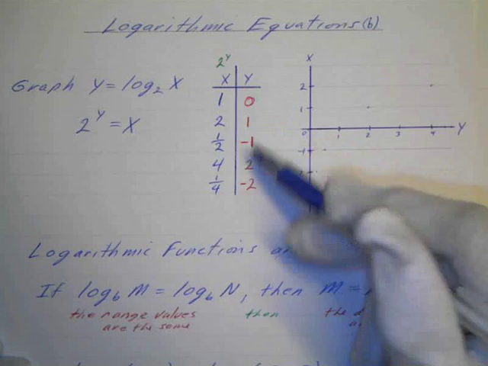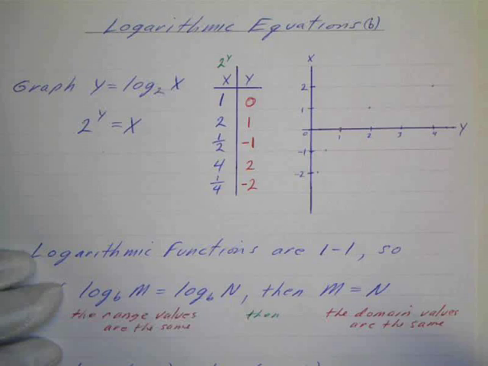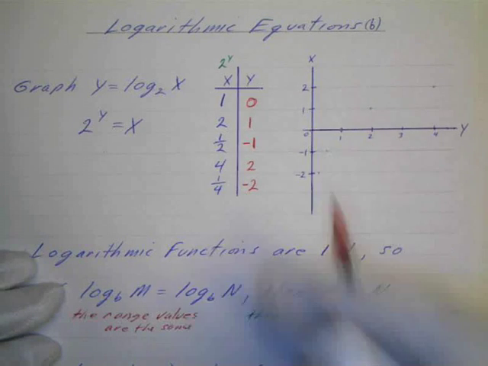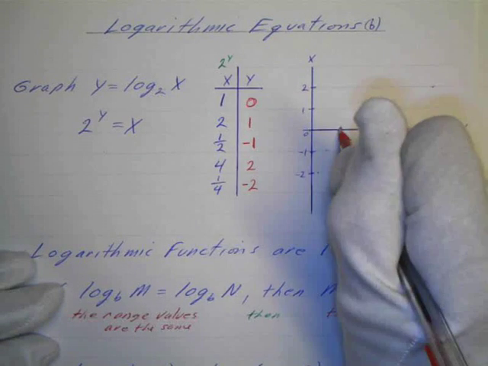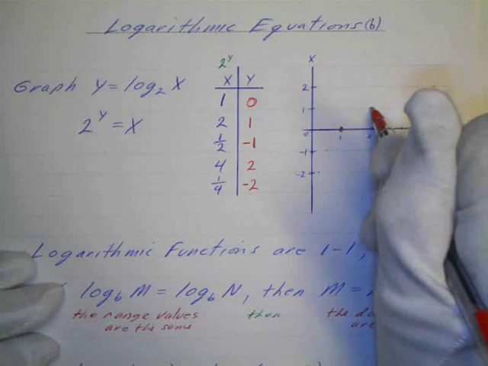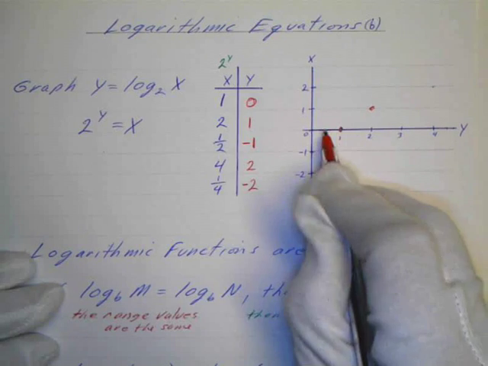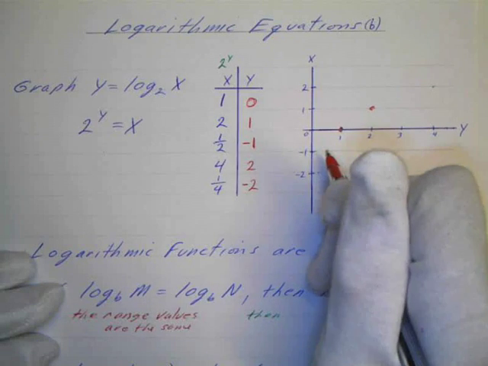So for me, it's a little bit easier to do it this way than try to find numbers that work for the x that give me a nice even y. So let's plot these points. When x is 1, y is 0. When x is 2, y is 1. And when x is 1/2, y is negative 1.